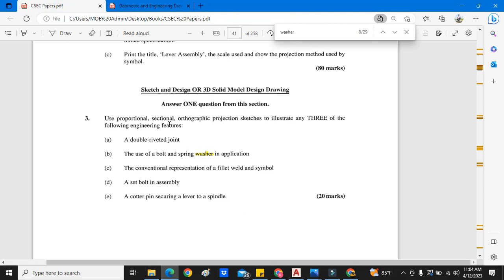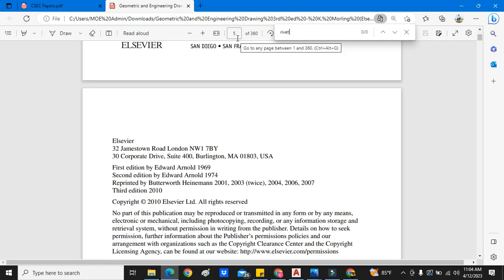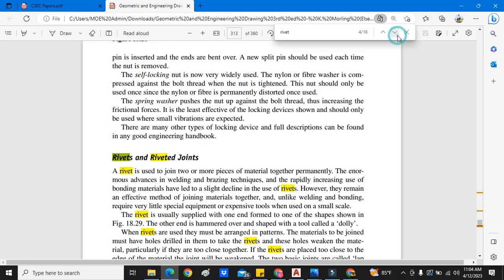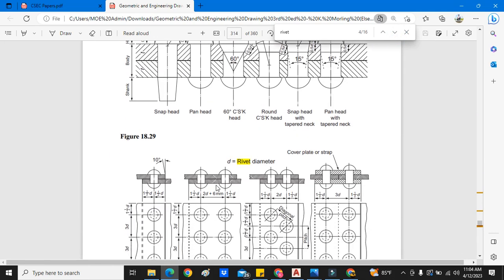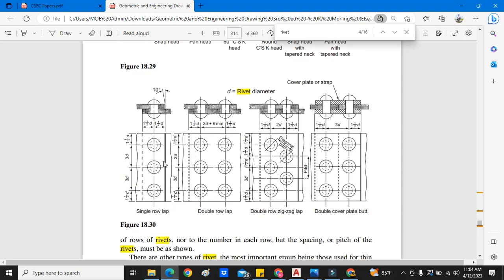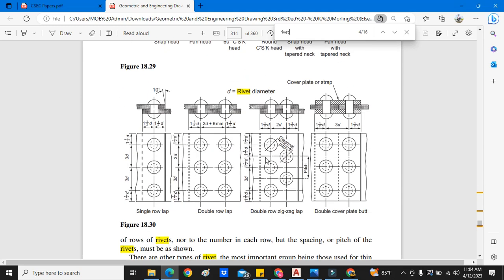With fasteners, they may ask you to sketch them in orthographic projection. So when they ask you for a double riveted joint, here is what you would draw for that, or what your answer would look like. Over here are just the normal rivets, but over here are the double layouts, how they appear in orthographic with multiple rivets.